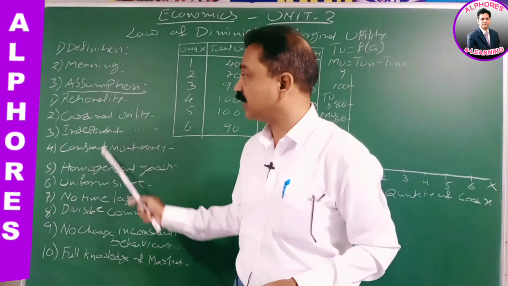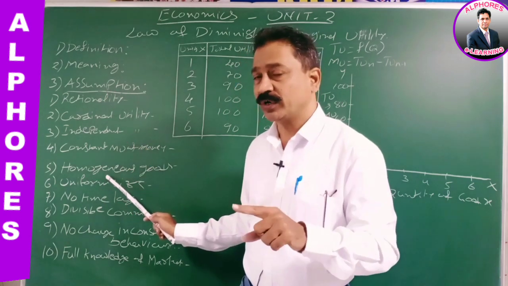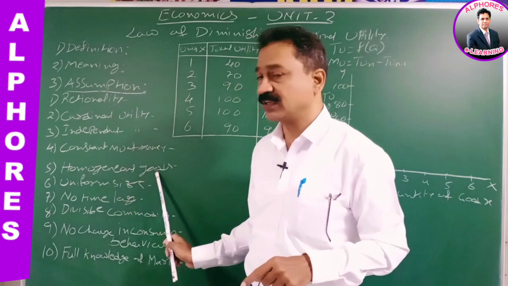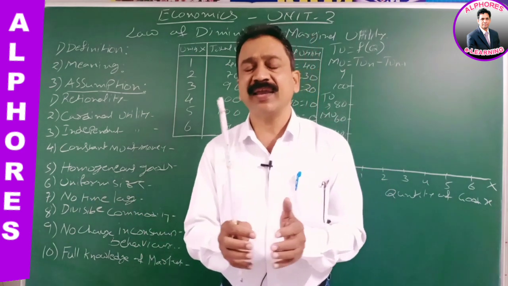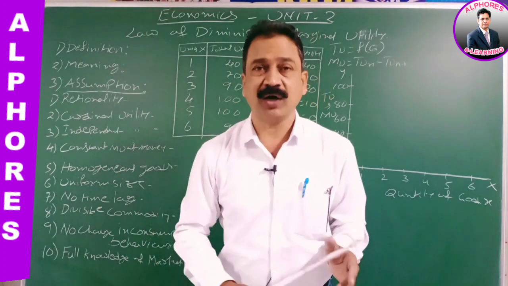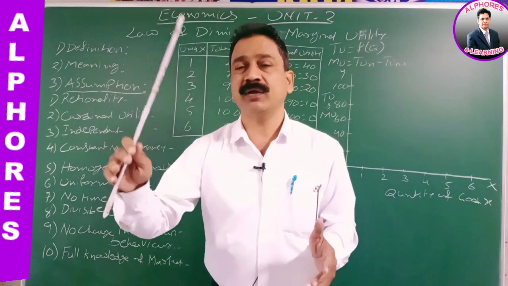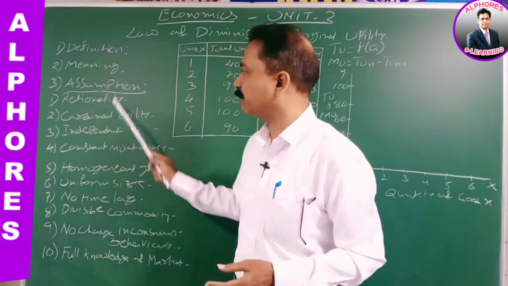So here the assumption is what? The commodities which a consumer is going to use are homogeneous. Uniform in size, they should all be of equal size, neither too big nor too small. If the commodities are too big, you don't go for a second one, then this law is not applicable.